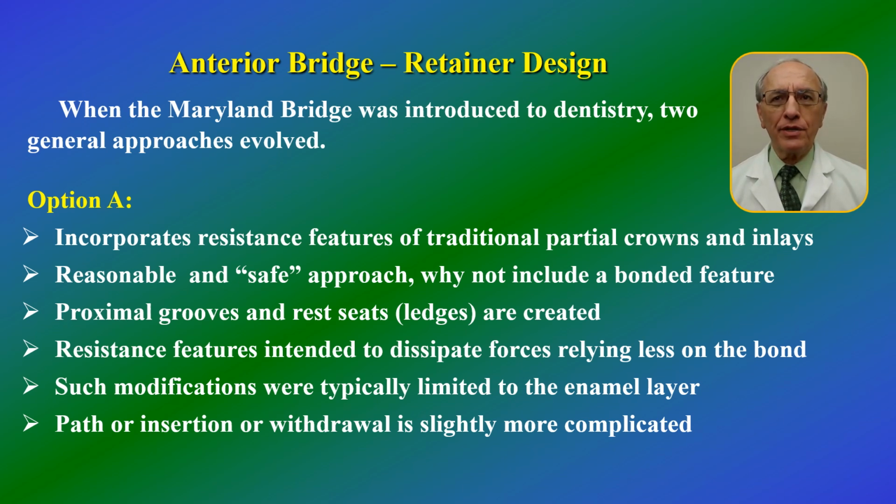Proximal grooves and rest seats or ledges were incorporated. Resistance features were intended to dissipate forces, relying less on the metal to enamel bond, and such modifications were typically limited to the enamel layer. The path of insertion or withdrawal is slightly more difficult than option B.